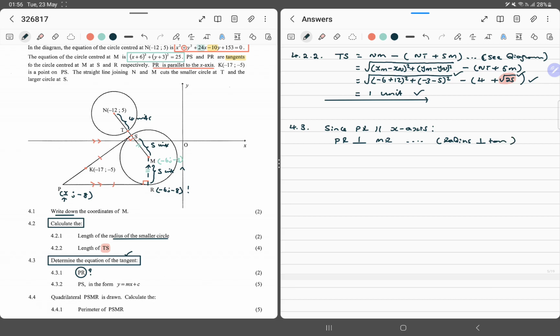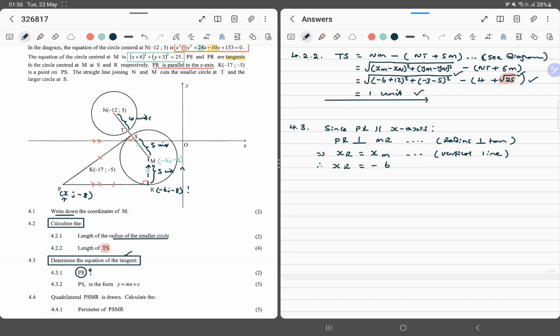Now, what does that imply? This implies that x at R is going to be the same as x at M. Why is that? This is a vertical line, so therefore, x at R is basically minus 6. So that is the first story.